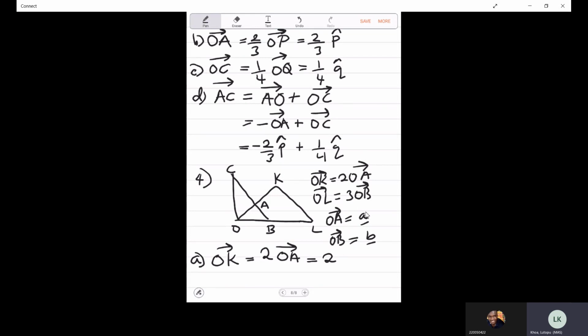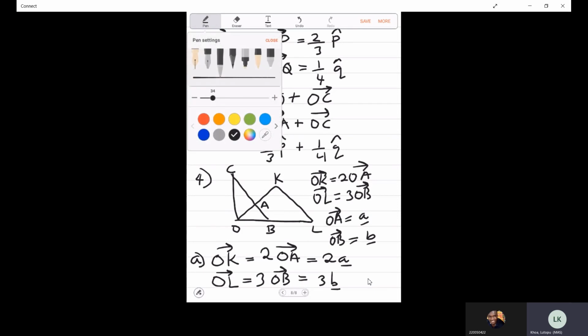OA is small a, so this is just 2A. And then also we have to express OL in terms of A and B. So OL, this is 3 times OB, and this is 3B.